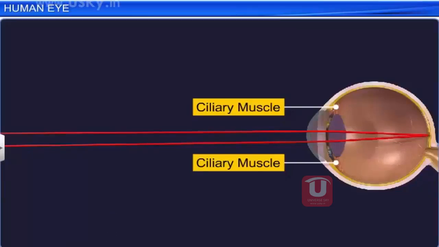Ciliary muscles are in relaxed state when an object at infinity is sharply focused on the retina. In this case, the focal length of the crystalline lens is the maximum and is equal to the diameter of the eye.